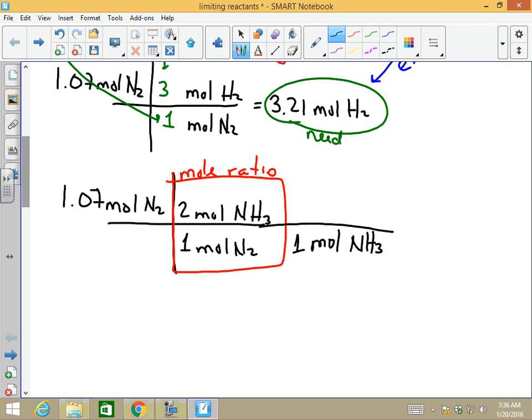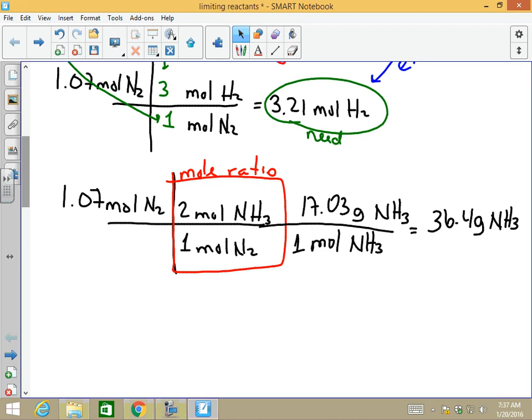Now I go to the mass of NH3. The mass of 1 N and 3 H's is 17.03 grams of NH3. When I multiply 1.07 times 2 times 17.03 divided by 1 times 1, which makes no difference, I end up with 36.4 grams of NH3.